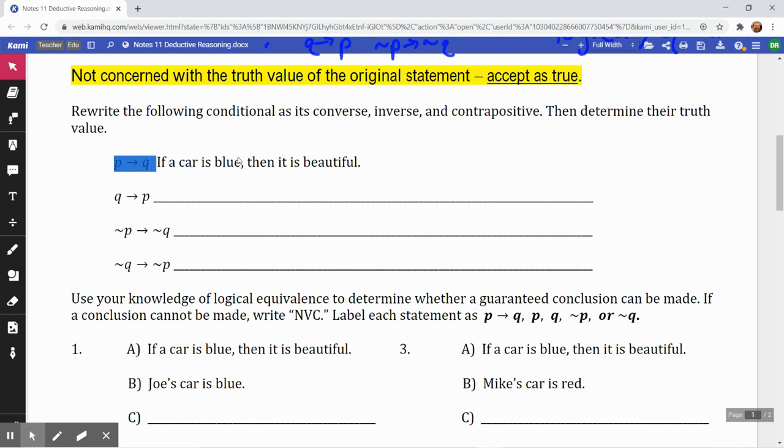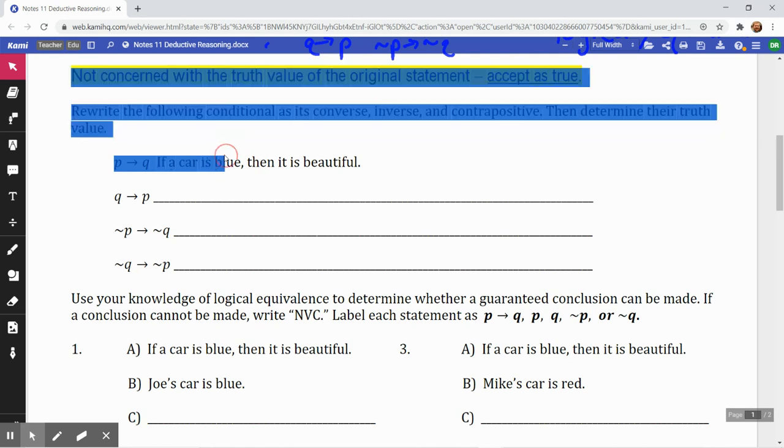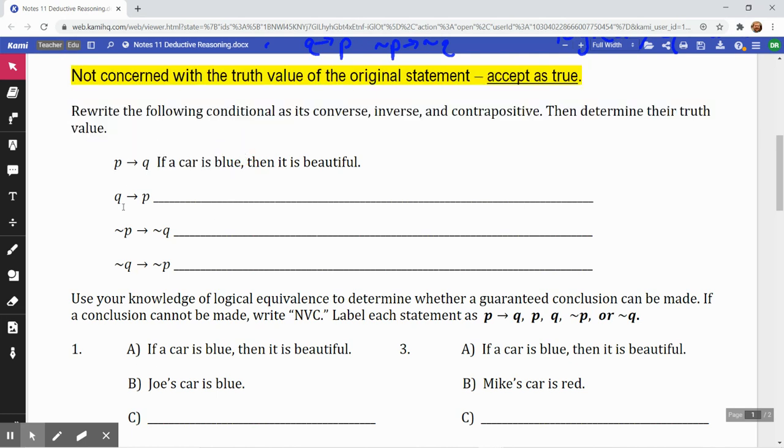Okay, so the conditional here is if a car is blue, then it is beautiful. For us, that is guaranteed truth. That's the rule we're given. We're going to consider this to be true no matter what.